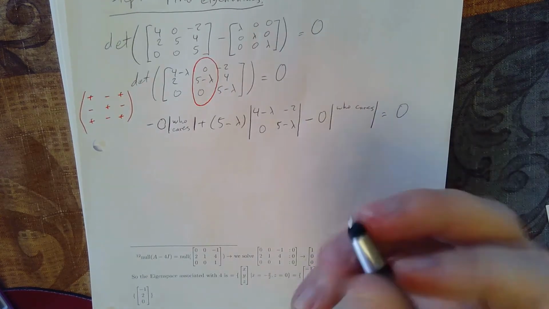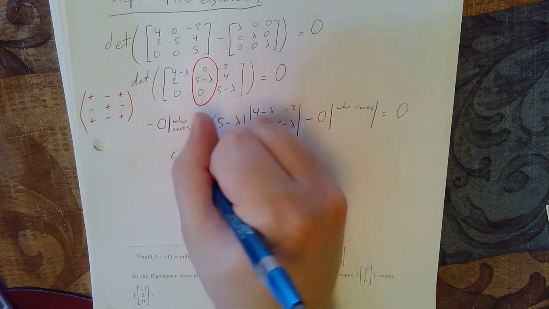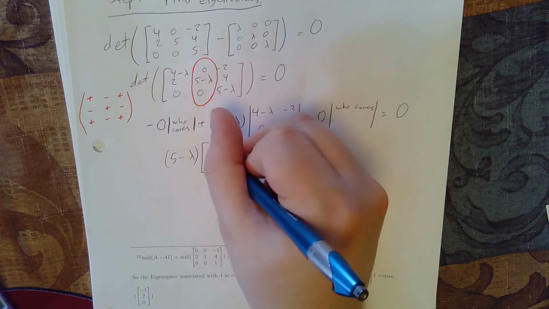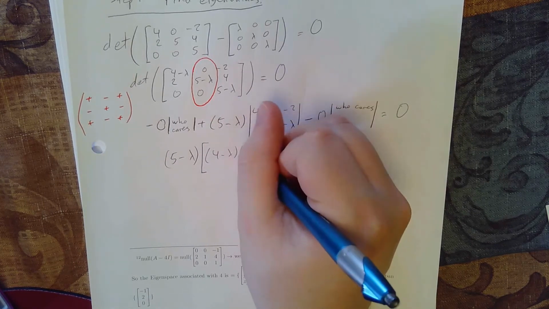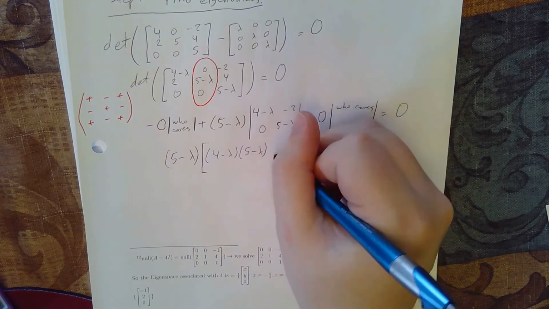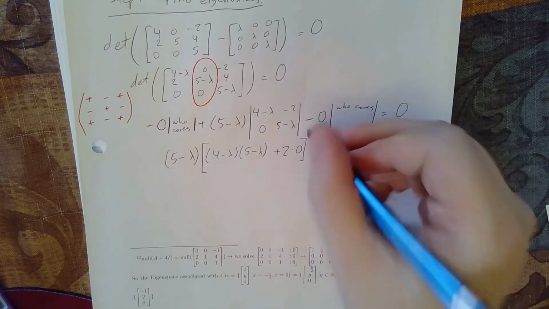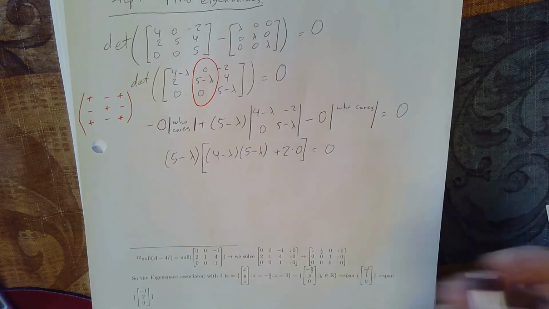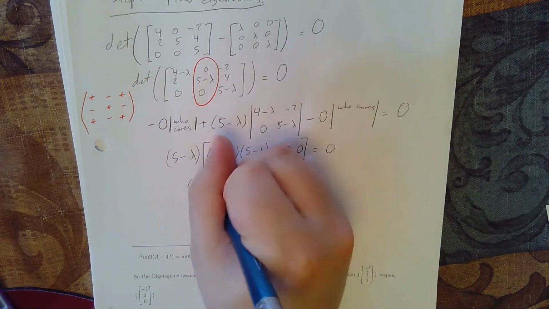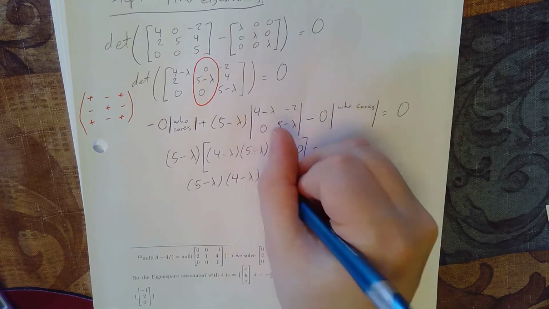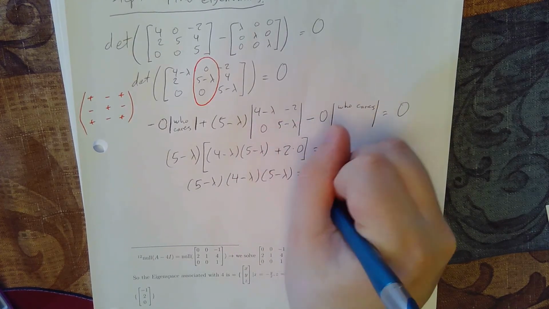So if we take this determinant, we get 5 minus lambda times (4 minus lambda times 5 minus lambda minus negative 2 times 0) equals 0. And so we get (5 minus lambda)(4 minus lambda)(5 minus lambda) equals 0.